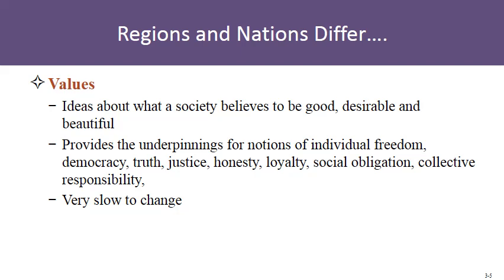So let's talk about how societies and regions and nations differ. Ideas about what a society believes to be good, desirable, and beautiful can differ from region to region, nation to nation, and some of the values in different regions of the world provide the underpinnings for notions of individual freedom, democracy, truth, justice, honesty, loyalty, social obligation, collective responsibility.